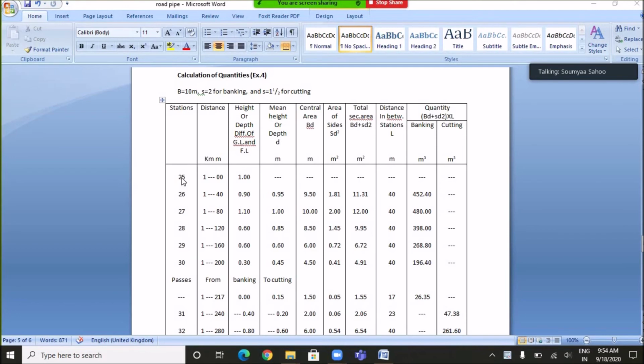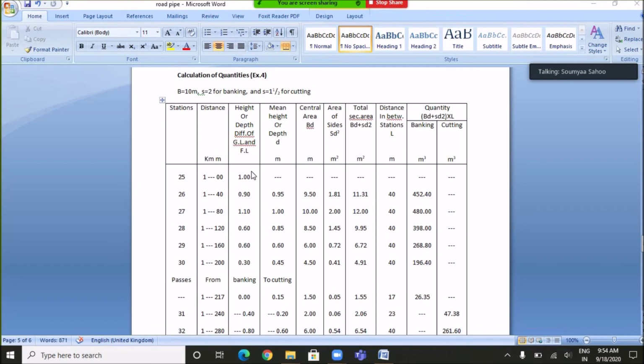So all the stations are mentioned in the first column, where you can see between station number 30 and 31 the formation level of road and the ground surface intersect. So it is mentioned that it passes from banking to cutting, and the distance is mentioned as well at a distance of 1217 meter. The difference between ground level and formation level is 0.